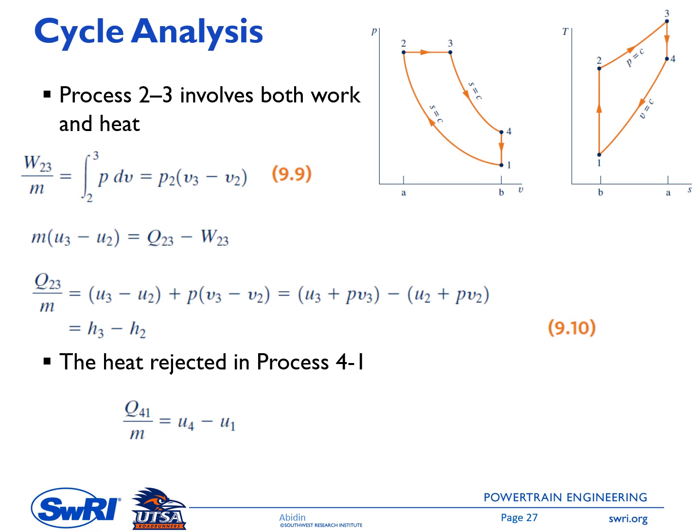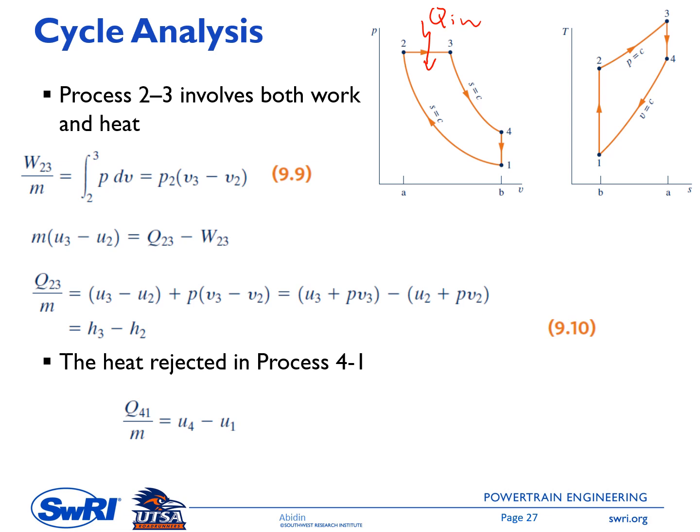For the cycle analysis, again we have the PV and TS diagram on the top right of the slide here. So process 2-3 here involves both work and heat. Once again, there is a change of volume from point 2 to point 3, so it means the integral of PdV is not 0. But we do have information that there is a Q in here. So from point 2 to point 3, we have the heat transfer as well as the work.